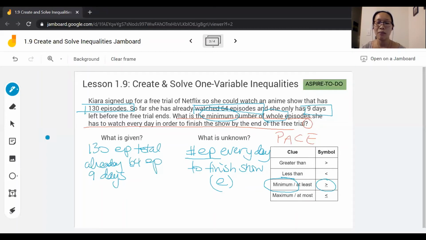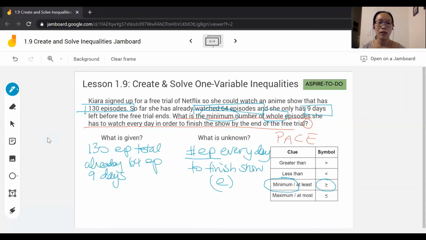Because when we talk about minimum or at least, that means we can do more than a minimum. That's allowed. Similarly, when we talk about maximum or at most, whatever we are given, we cannot go more than that. So that's why we have a less than for maximum or at most problems. But here, we're talking about minimum, and so we're going to use greater than or equal to.